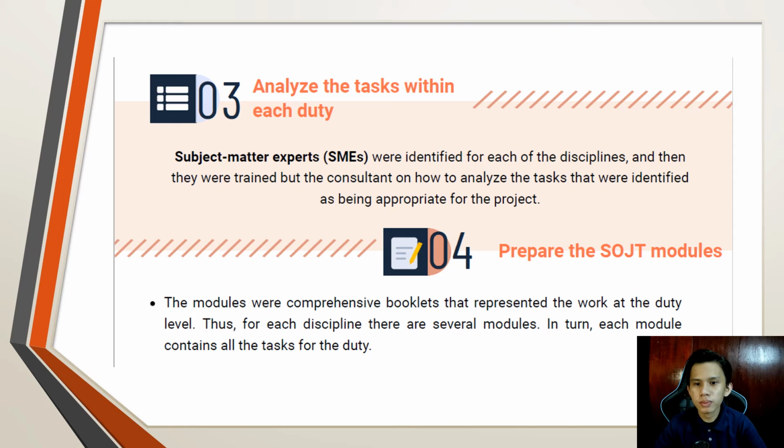Subject matter experts, SMEs, were identified for each of the disciplines, and then they were trained by the consultant on how to analyze the tasks that were identified as being appropriate for the project. SMEs here were experienced engineers who were loaned to the project for a short period of time.